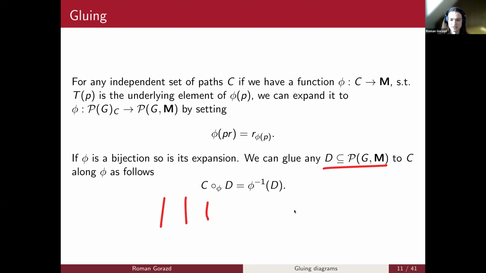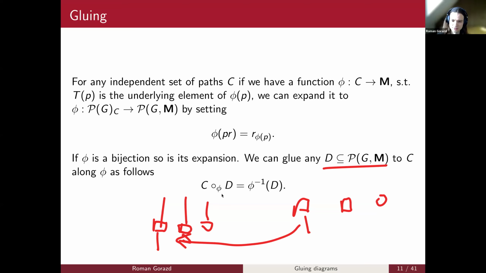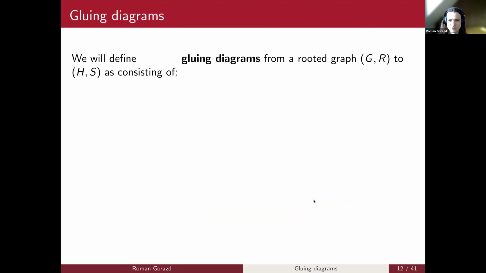So if we have just one path here, we can take it back and glue it onto the square. Yeah, so this is very practical because we can keep gluing. We can glue something to this, and if we have a function from D to the multiset again, we can keep gluing, and this way we do the kind of tiling building thing we did before.